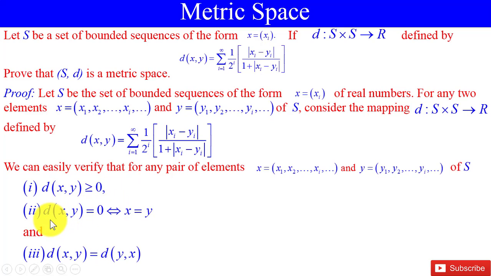Similarly, we can show that d(x, y) is equal to 0 if and only if x is equal to y, because if this is equal to 0, then each term individually is 0 and modulus xi minus yi is equal to 0, which implies that xi is equal to yi and implies that x is equal to y.